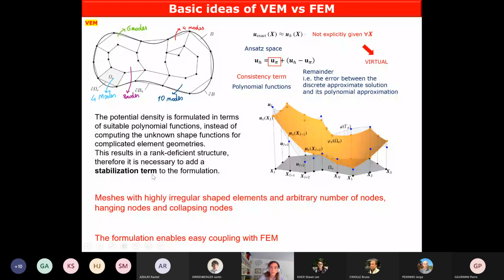Here there is an example of the difference arising for a generic element with a generic shape.